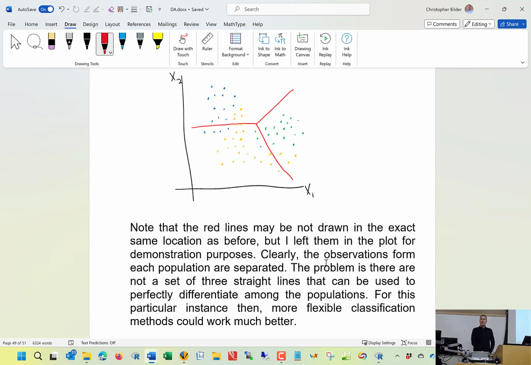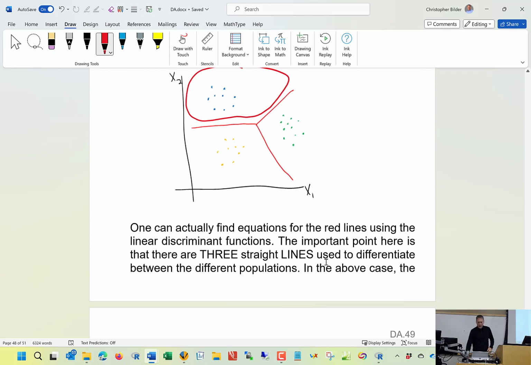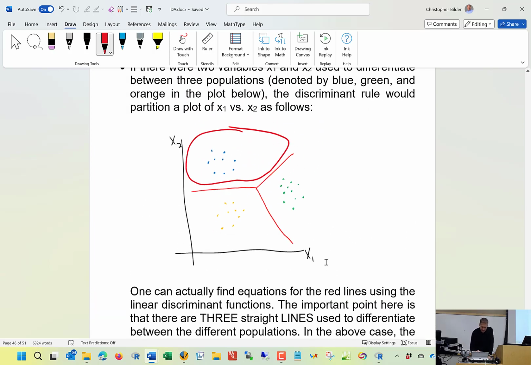But that flexibility might prevent it from working well in a situation of, let's say, these blue ones were like right here. Let's say I have observations that are right up next to each other.